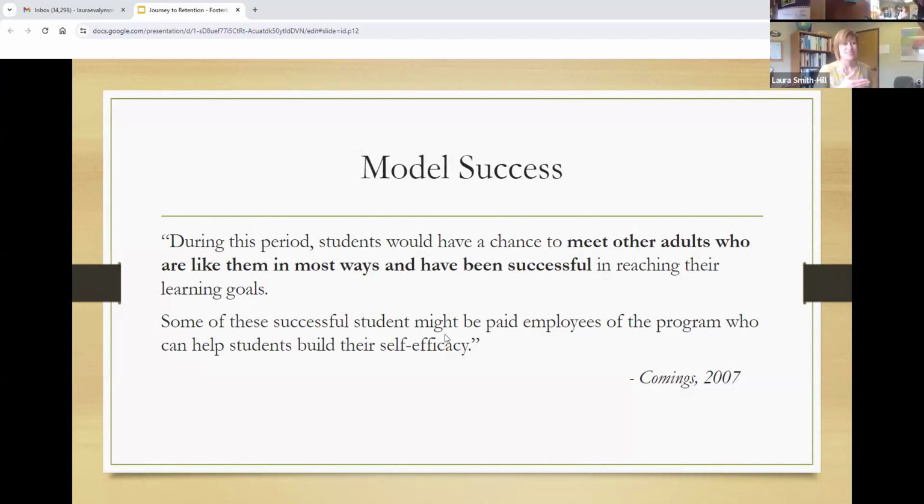This is where the modeling success comes in, that it's recommended by this research to have other adults that are very much like the students we're working with and who've had success toward their goals to meet the new student. They might be paid employees of the program, or they may be current students or former students.